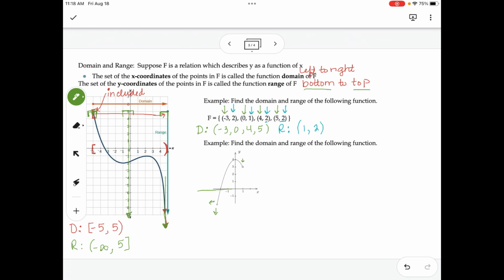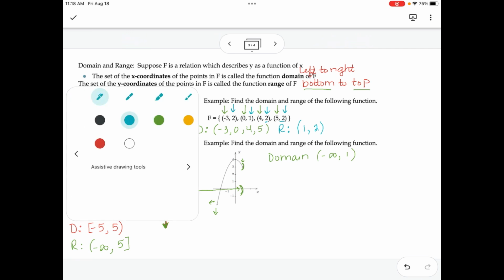But notice it's an open circle, so it's going to be not included. I'm coming all the way from -infinity until I reach the point 1, and 1 is not included. That's the furthest right on my x-axis that we go, but it's not included.